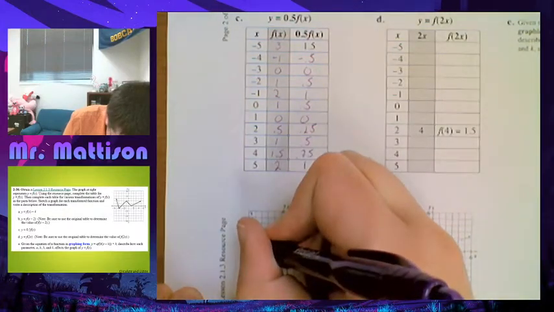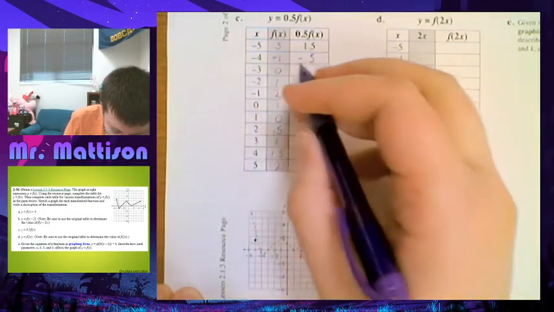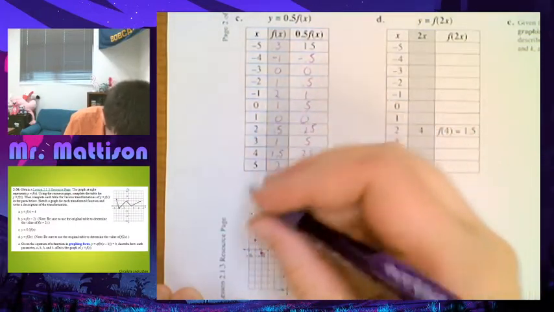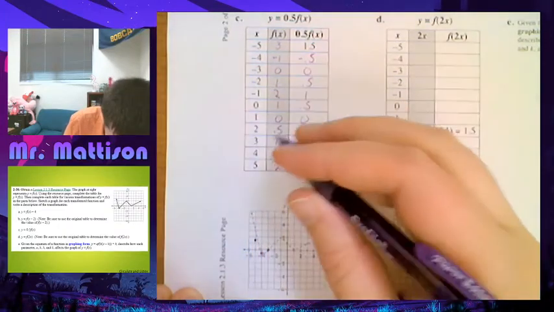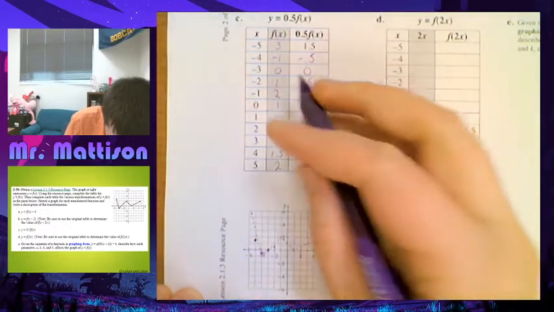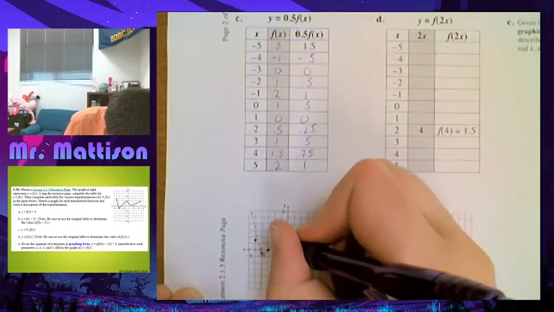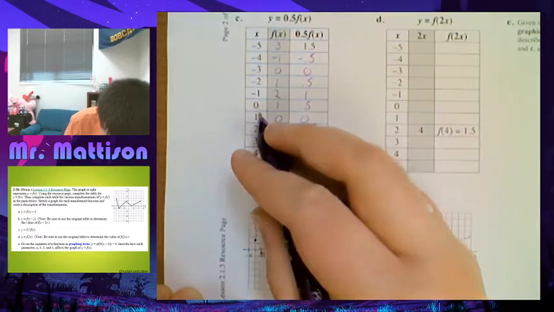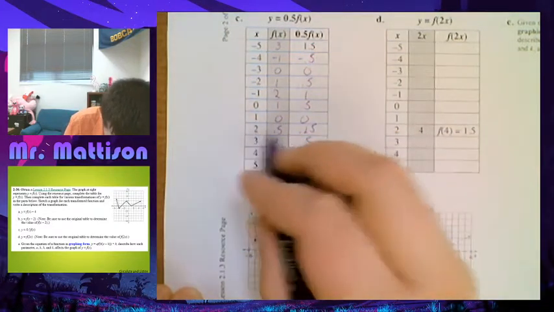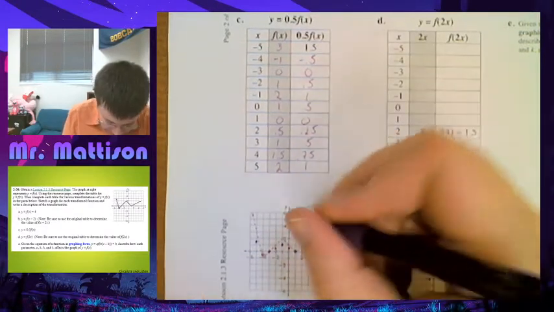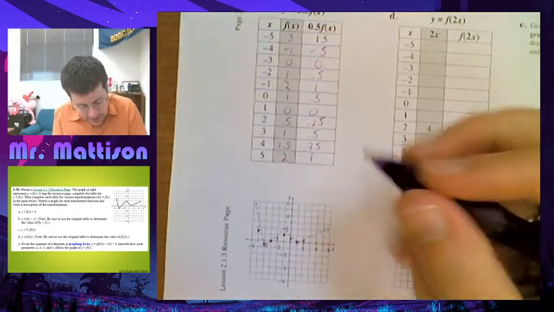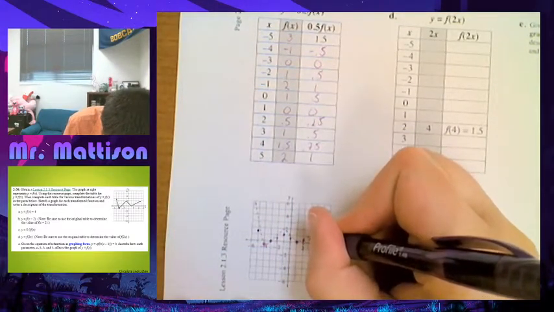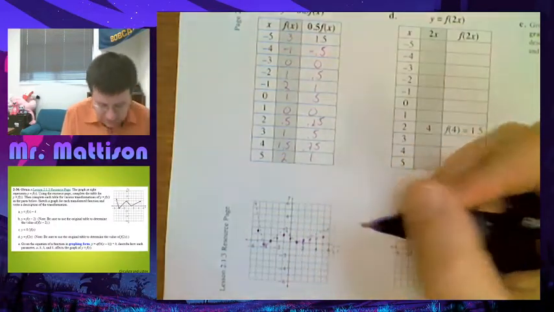So -5, 1.5, right there, -4, -0.5, sorry, so I'm right there, -3, 0, -2, 0.25, -1, 1, 0, 0.5, 1, 0, 2, quarter, sorry, yeah, 2, quarter would be up there, sorry, I made a negative, it shouldn't be negative, 3, 0.5, 4, 3/4, and then 5, 1. So let's go ahead and draw those out.